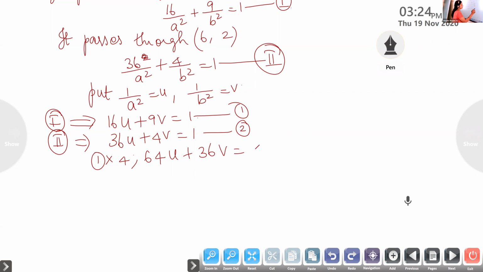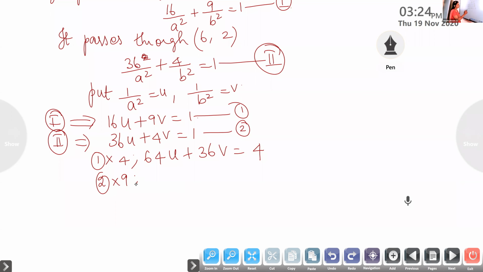The second equation you multiply by 9. Is it okay up to this? Is it clear, children? We are getting two equations where a square and b square are unknown.